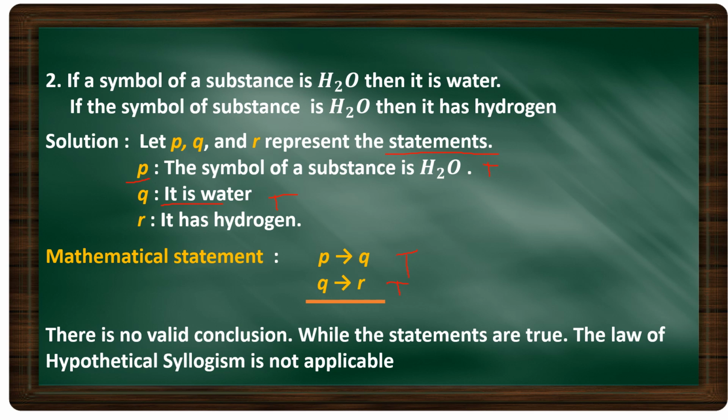While the statements are true, the law of hypothetical syllogism is not applicable. Kasi nga po, hindi niya na-determine kung ano po bang hydrogen ang tinutukoy niya. Ilan po ba yan? So, hindi natukoy, hindi na ibigay ng maayos yung kanyang paliwanag. Kaya hindi po natin maia-apply yung hypothetical syllogism to have our conclusion. Although, the given statements are all true.